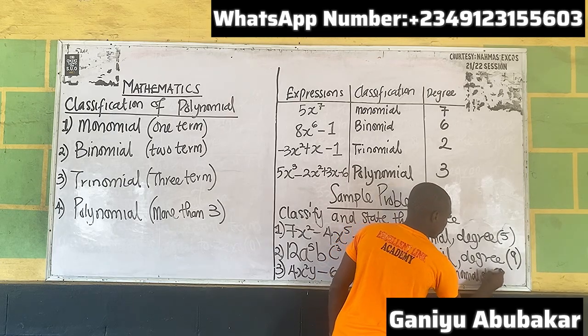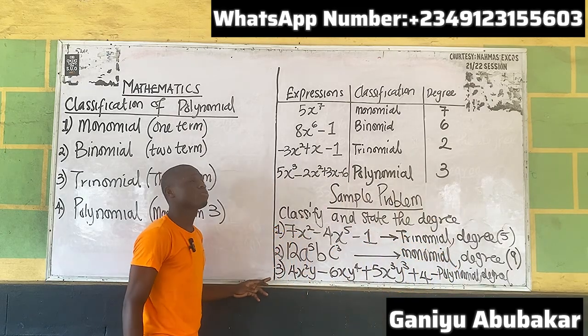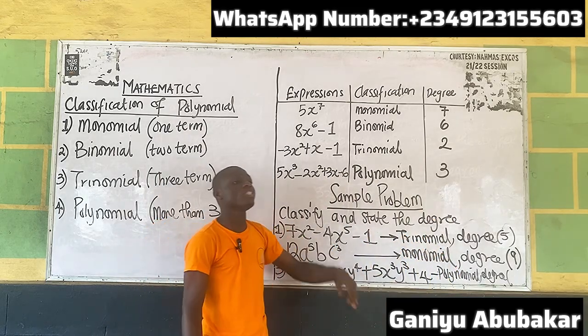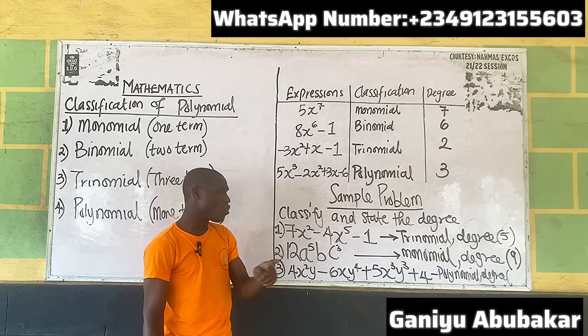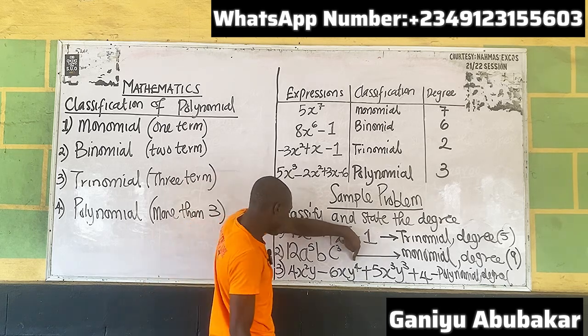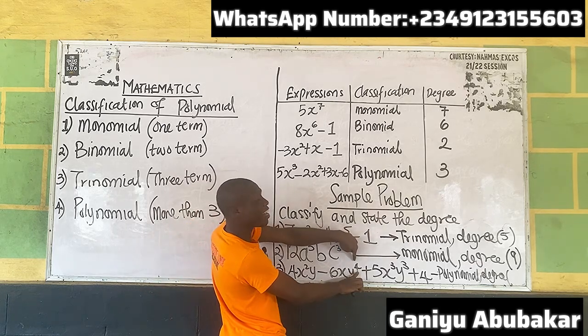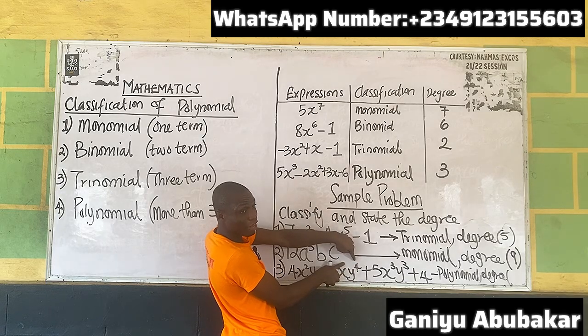What degree is this? We said to check the term that has the highest power. Which term has the highest power? If you observe, one term has a power of 4, and the x here is 1, so 4 plus 1 gives 5.